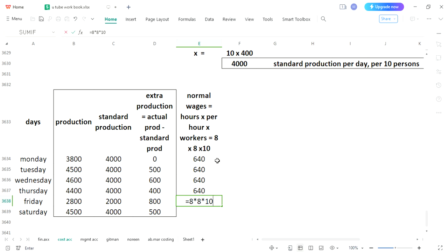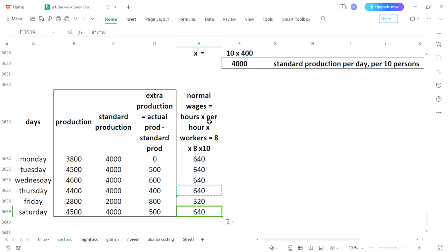But then you will make it half. Half means 1 divided by 2, and that means 0.5. Hopefully you have understood. On Friday it was half day. So whatever you earn on other days, on Friday you will earn half, as hours would be considered as 4. On Saturday, what you have calculated over here, the same would be for Saturday as well.